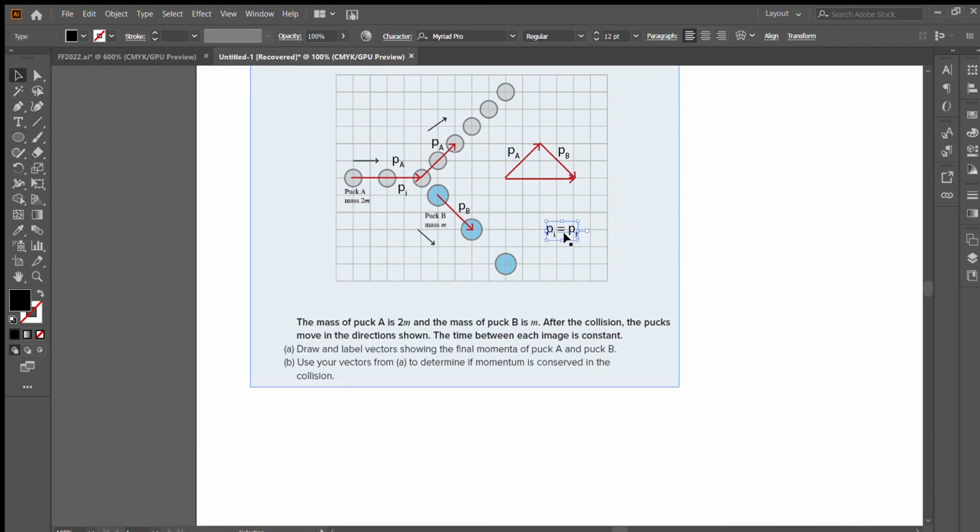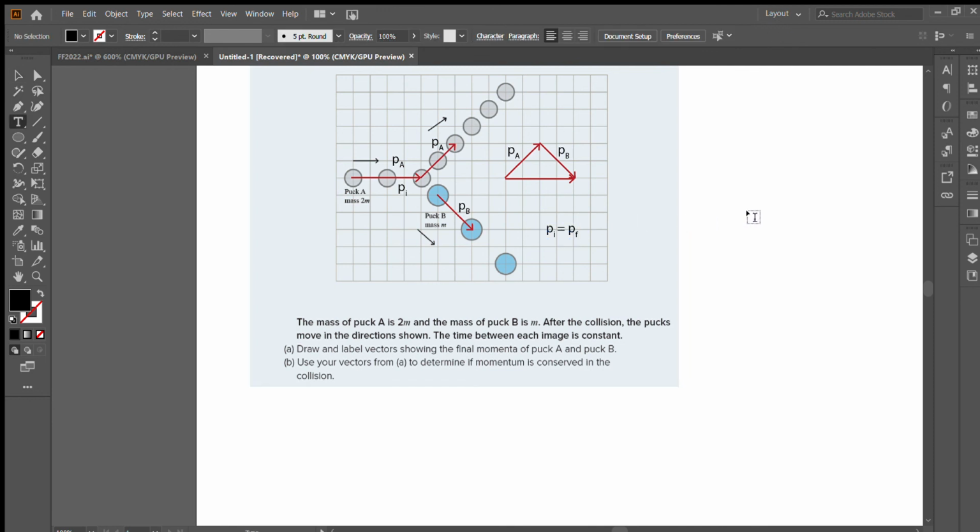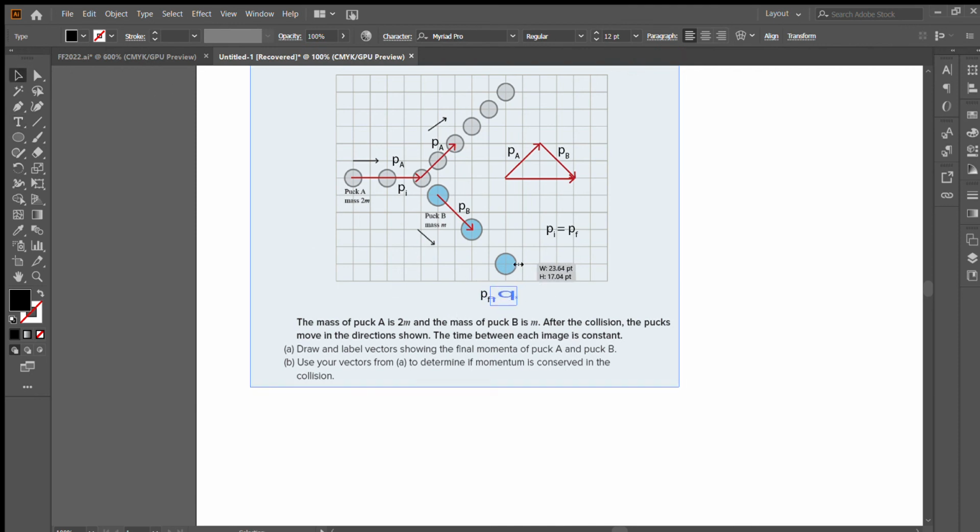And we can see very easily that our momentum vector of the system afterwards, PA plus PB, is in fact the same as the initial momentum PI over here.